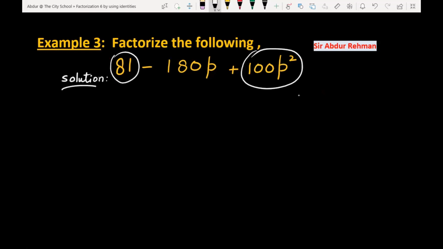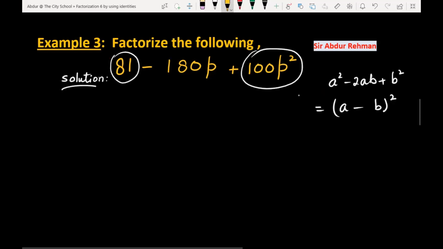So recall the identity: a square minus 2ab plus b square is equal to (a minus b) whole square.